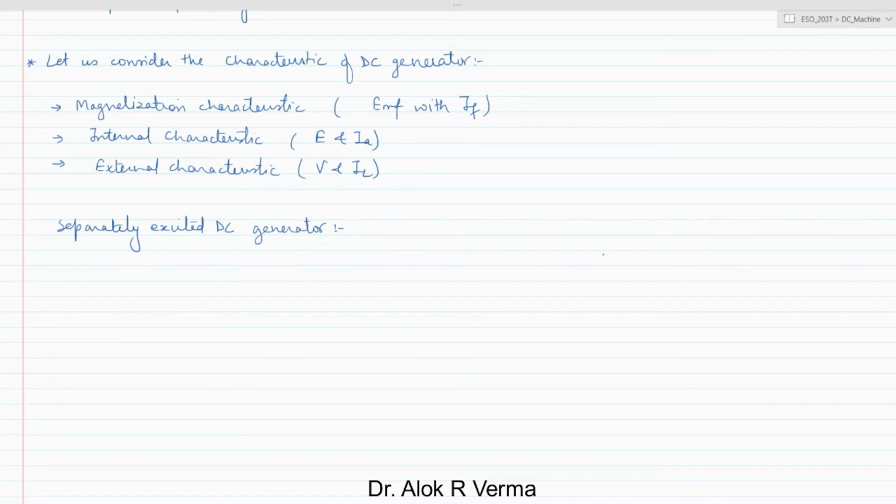In this particular case, suppose you have the armature resistance and the armature generator, and it is supplying some load, which is a variable load. So this is IL, this is VL or V, let's not get confused. So this is V, this is E, this is RA, and this is IA, and this is separately excited, right? So this is IF.